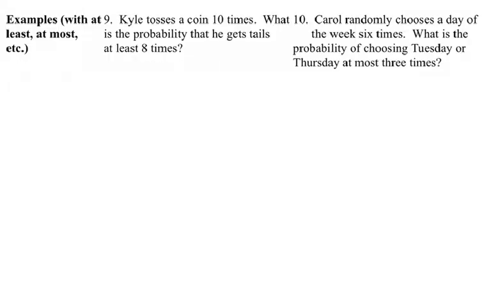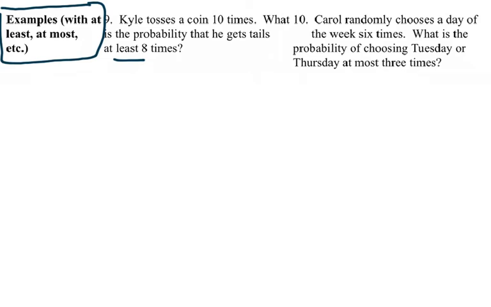So I want to get to this point, which is really, really hard. Okay, so this is when they're not exact. So it'll say at least, it'll say at most. If you look at number 9, notice it says at least. So when that happens, remember the word at least means it could be 8 times, it could also be 9 times, it could also be 10 times. So we're going to have to do this for exactly 8, exactly 9, and exactly 10, and then we're going to have to add them all together.